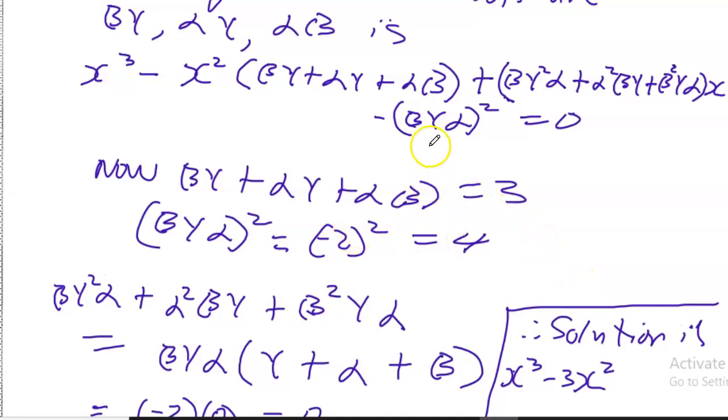This value is minus the square of the product here, which would be 4. So the solution will be x cubed minus 3x squared minus 4 equal to 0.